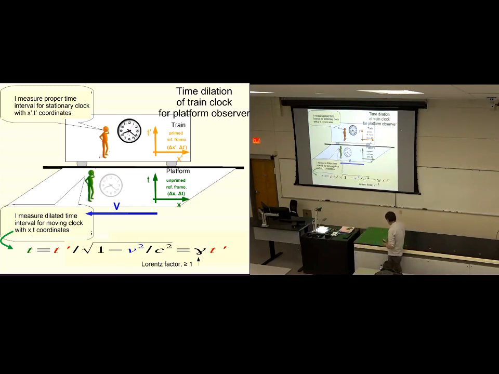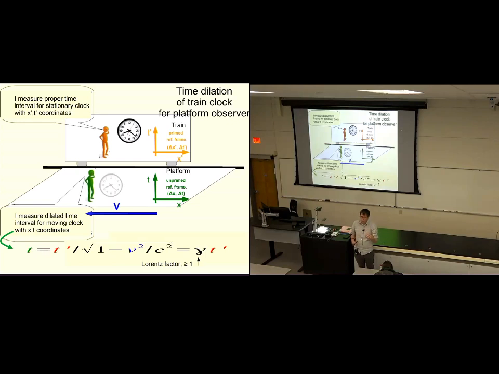So that's the Lorentz factor, and that's time dilation. That's the whole effect of time dilation described in that one simple formula. This is a point I tried to make at the beginning: this is not a complicated math equation. It's a straightforward equation for calculating the dilated time from the proper time, but conceptually it's really difficult to understand how this could be.